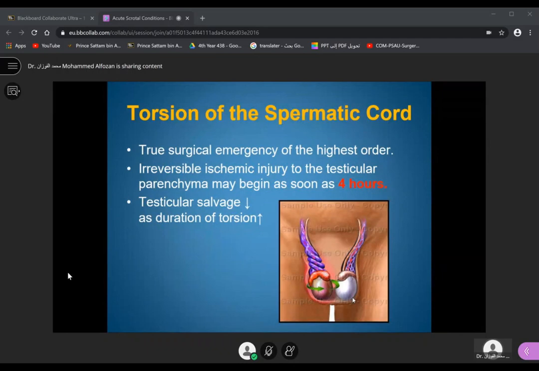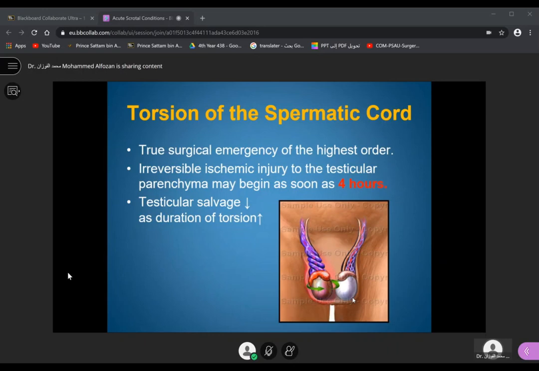So when we say torsion of the spermatic cord or testicular torsion, it's a surgical emergency of the highest order. Irreversible ischemic changes happen as soon as 4 hours. So you have to intervene before it reaches that time. Every minute counts.